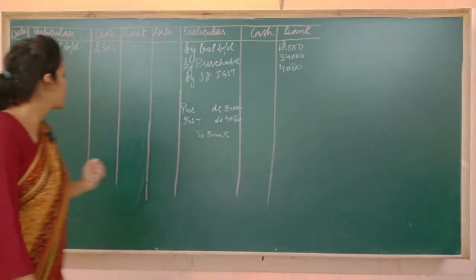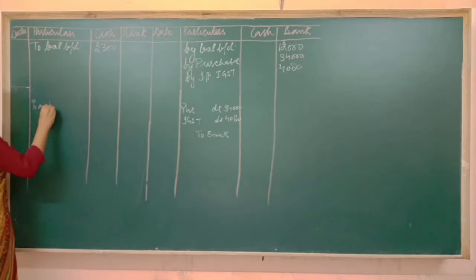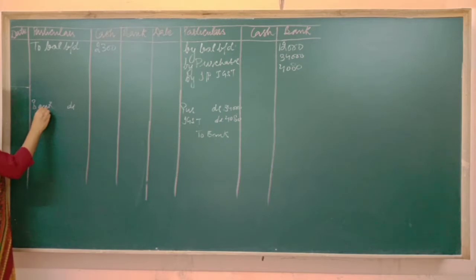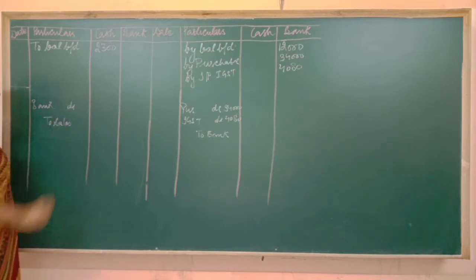Now what's going to be the entry in this case? As you are selling goods, you are getting that check, you are depositing that check into the bank on the same day. So you will write bank account debited to sales and to output IGST.